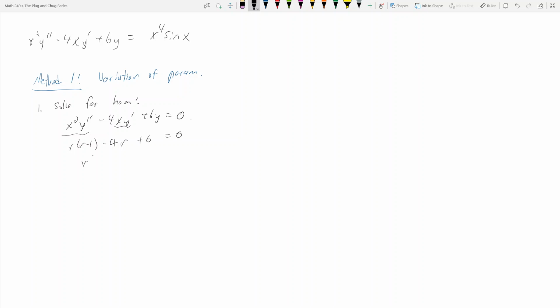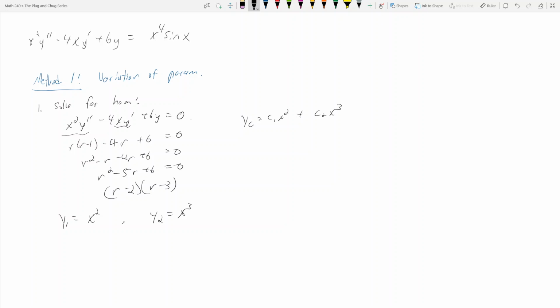So we got r squared minus r minus 4r plus 6 equals 0, so r squared minus 5r plus 6 equals 0. And so r minus 2, r minus 3 is what we get. That means y1 will be x squared, and y2 will be x cubed. So our complementary solution looks like c1 x squared plus c2 x cubed.